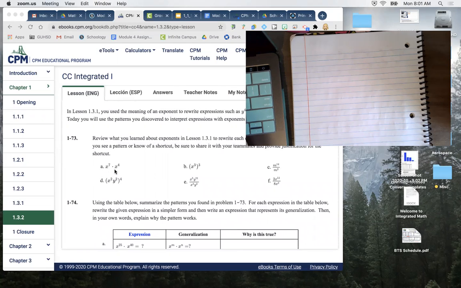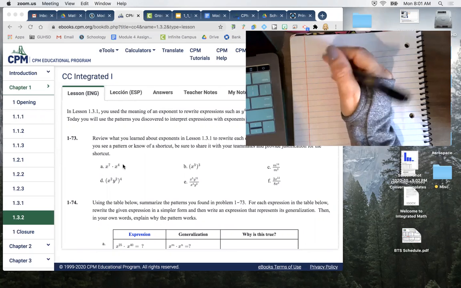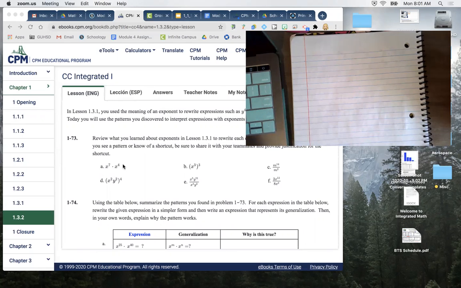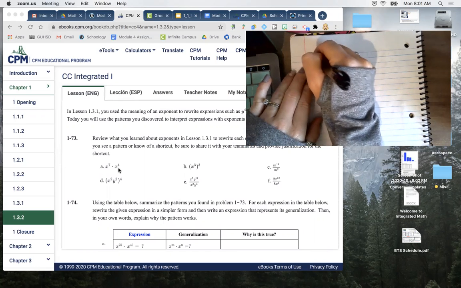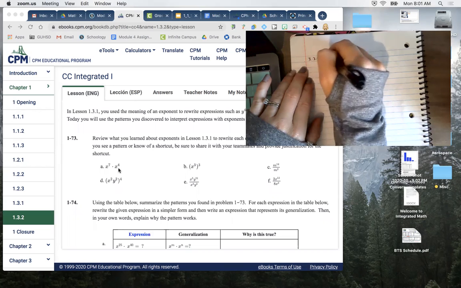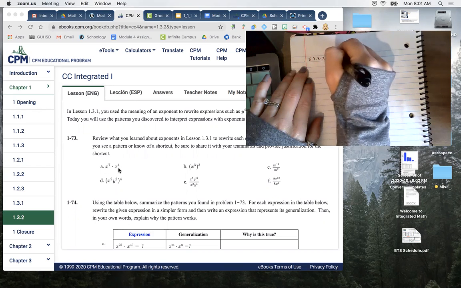If you look at this right here, x to the seventh times x to the fourth, let's talk about how we would do that right now without having any of the rules, which we're going to be talking about, kind of generalizations, down here. Without that, I would actually just write x 7 times. So I would have x times x, 1, 2, 3, 4, 5, 6, 7.